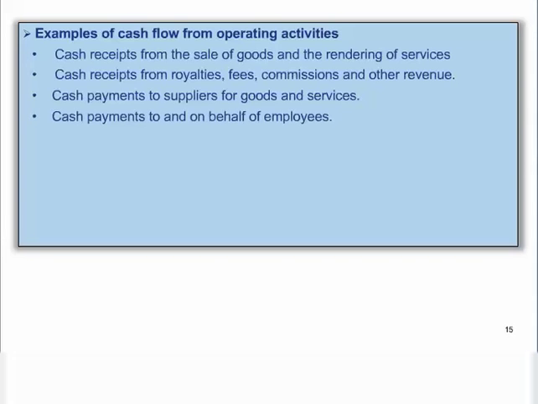Cash payments to and on behalf of employees are another example. The salary payments we make to employees, or any advances received from employees, would become part of the cash flow from operating activities of that entity.